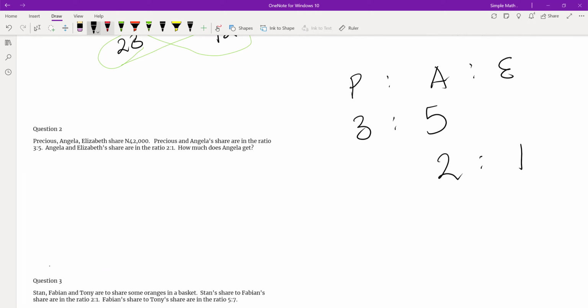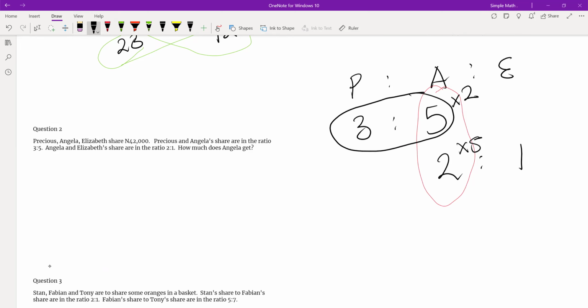Again, you can see these numbers are not the same. What can we do? We multiply by the other number. So this is going to be 5 times 2, and then 2 times 5, so that we get the same number, 10. Remember that this 2 is going to affect both 3 and 5, and this 5 is going to affect both 2 and 1.